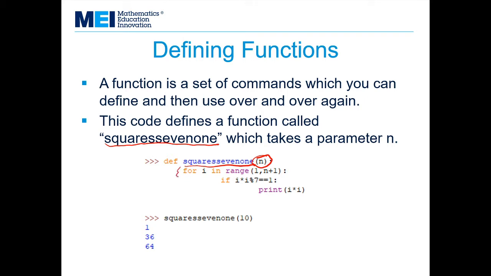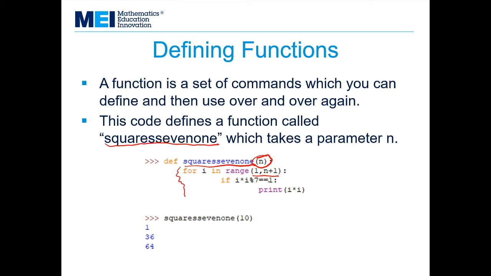Now this bit of code looks very similar to the sort of thing that we were doing in video 3. For i in range 1 to n plus 1, if i times i % 7 equals 1, print i times i. So this looks very similar to what we did when we were first looking at for loops. The only difference is that instead of having a number here, I've got this variable n plus 1.